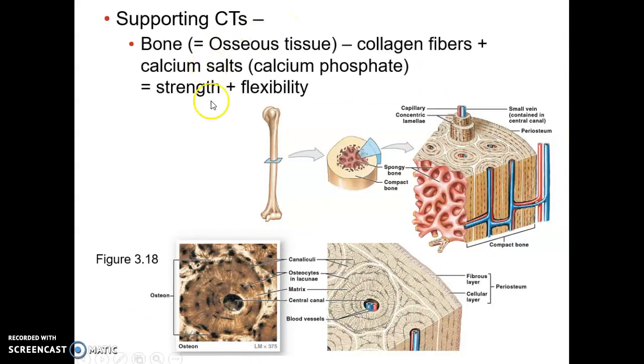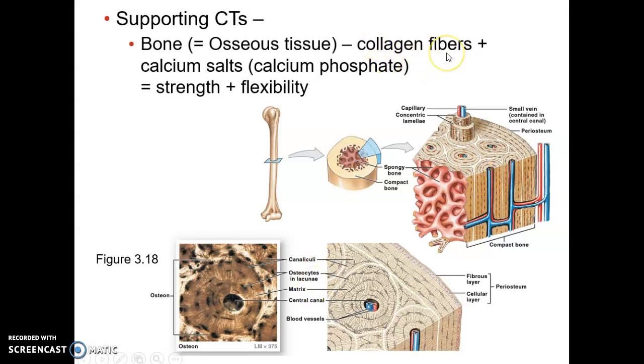Okay, continuing. Bone, also called osseous tissue, osseo for bone. The cells are called osteocytes, should be noted here, right? Osteocytes, also in their little spaces called lacunae. The extracellular matrix in this case is solid bone.